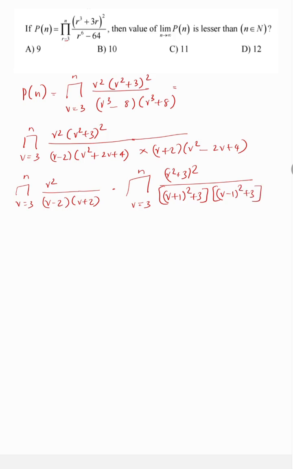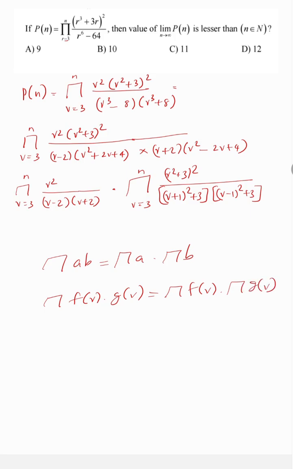So I hope this step is clear. I split the pi because pi of ab is equal to pi a into pi b, or I can tell pi of f of r into g of r is pi f of r into pi g of r. So I used that. That's why I split this pi product. Okay.